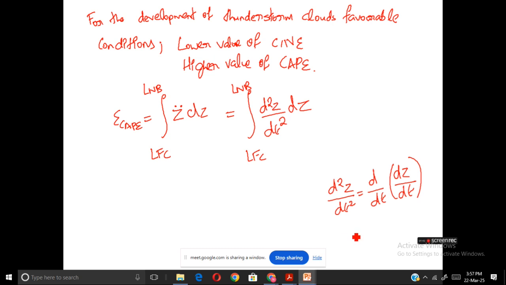So d square z by dt square can also be written as dz dot by dt, which is equal to the integral from LFC to LNB of dz dot by dt into dz.